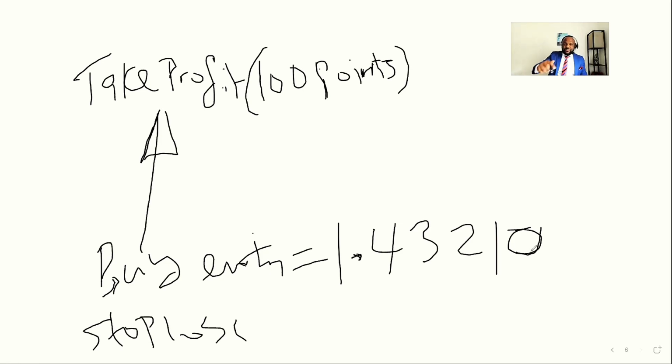I want to target a profit of 500 points. They are all speculation. I don't want to be too greedy and think this thing is going to go up, up, up. Let me just target 500 points, and I'm sure price is going to approach there, and I'm going to close in profit. That's what I want to set as my take profit target, 500 points away from my current entry price.